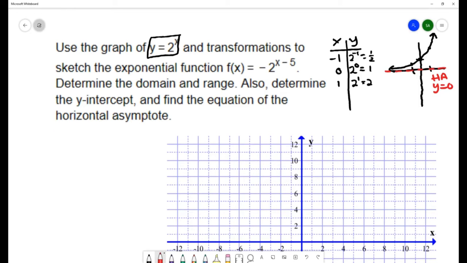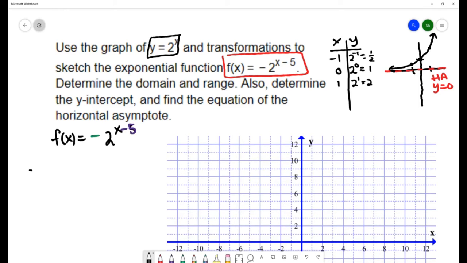Now we want to take that information and use it to help us graph this function right here, this transformed function. That's f of x equals negative 2 to the x minus 5. Now we have two transformations going on here. We've got this negative and the minus 5.